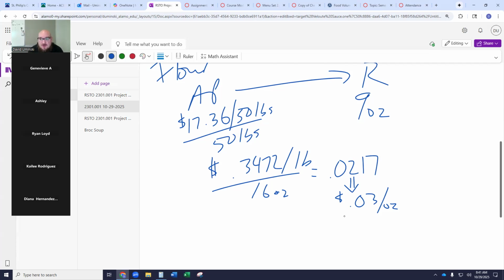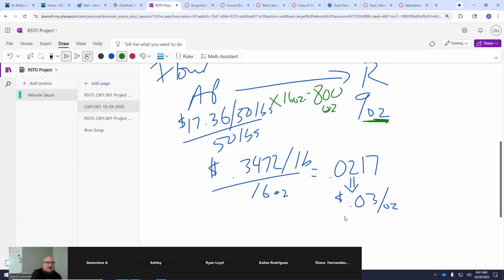What I would recommend, you're able to see my screen, right? Okay. So if I know I'm going to ounces, I would multiply this 50 pounds by 16 ounces and get 800 ounces. That way, when I do my math, actually, let me just do it in red.